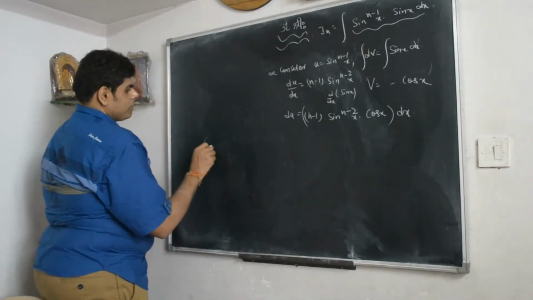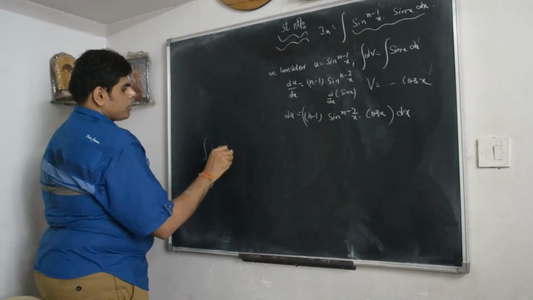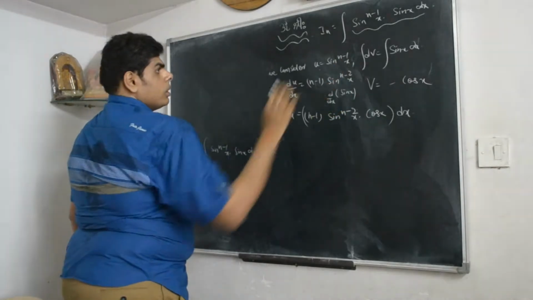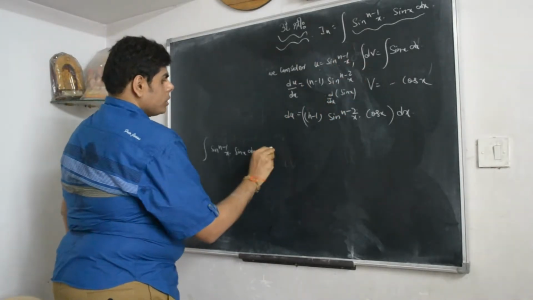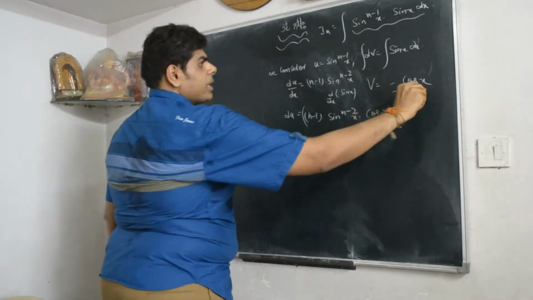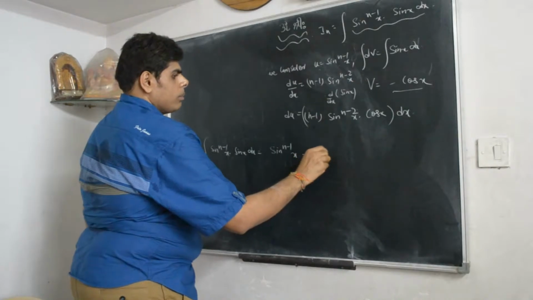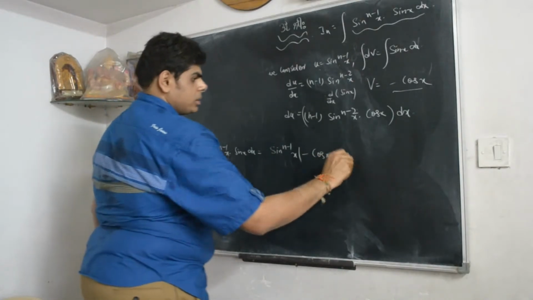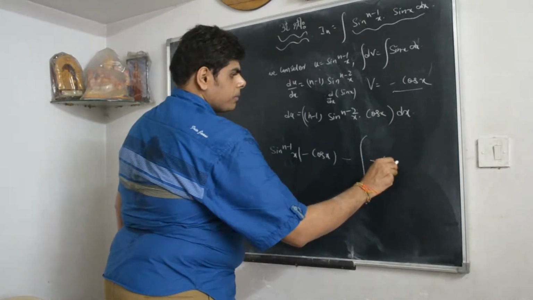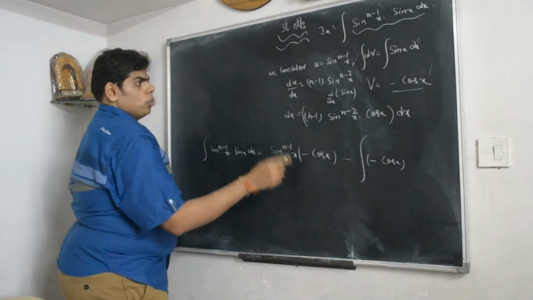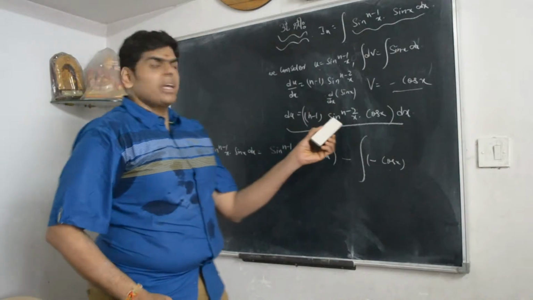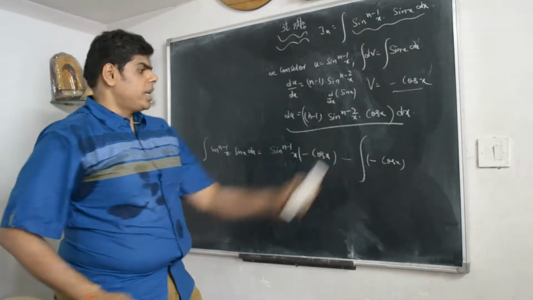Now we shall apply the integration by parts formula. The integral of sin^(n-1) x into sin x dx will be equal to u, that is sin^(n-1) x, times v, that is minus cos x, minus the integral of v du, that is minus cos x times n minus 1 into sin^(n-2) x into cos x dx.